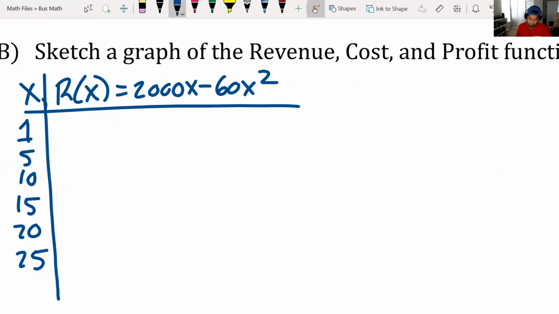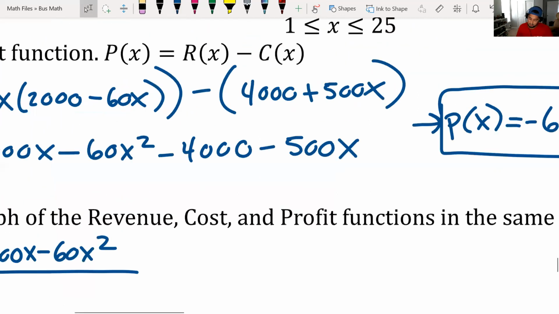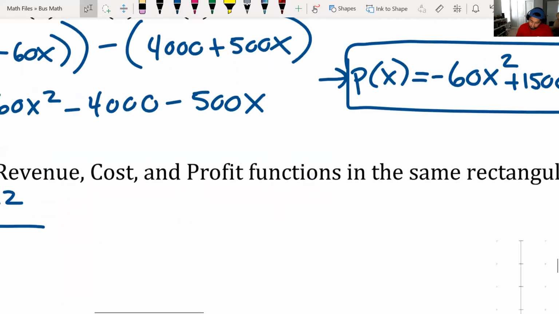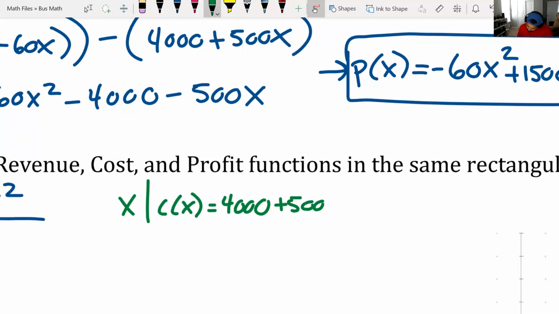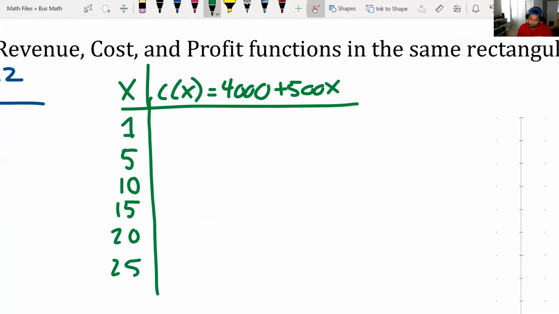But I want to do this for all three just to get it done with. So let me set everything up. Cost is 4,000 plus 500x. Same thing. 1, 25.